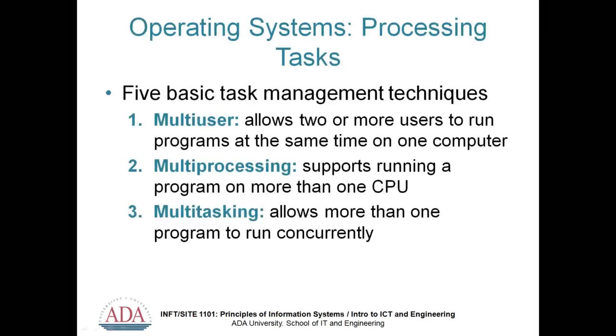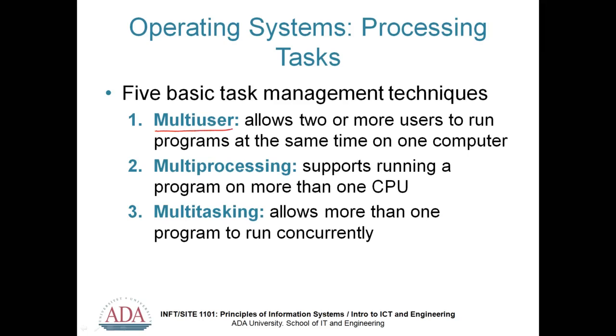Now, there are also processing tasks, an important operating system functionality, which helps you run different tasks at the same time, in parallel, or gives several users a chance to run tasks or programs on the same computer.